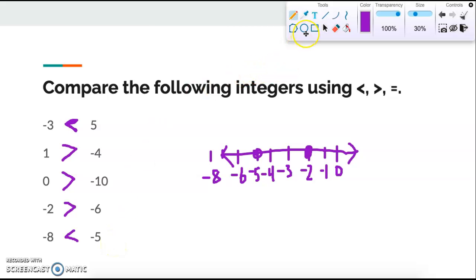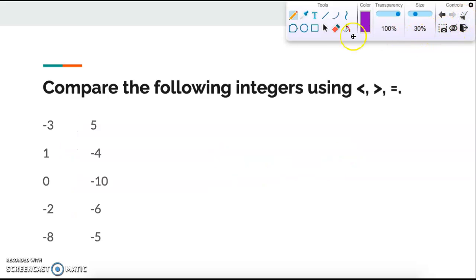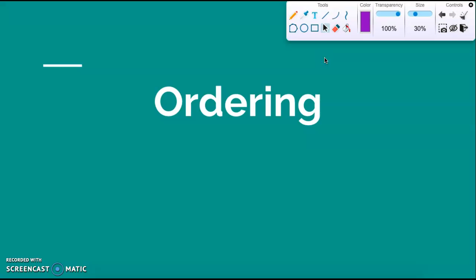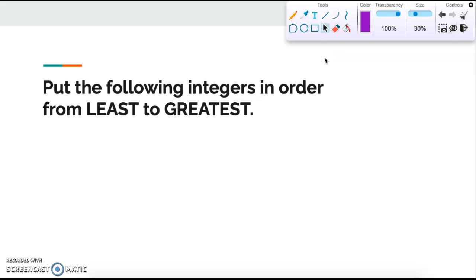Okay, now to go along with comparing, we are going to use what's called ordering. So ordering is just putting the integers in order from least to greatest. It's almost like putting them on the number line in order. Okay, so in this one, we have -1, 2, 0, -5, and 3. We want to start with least.